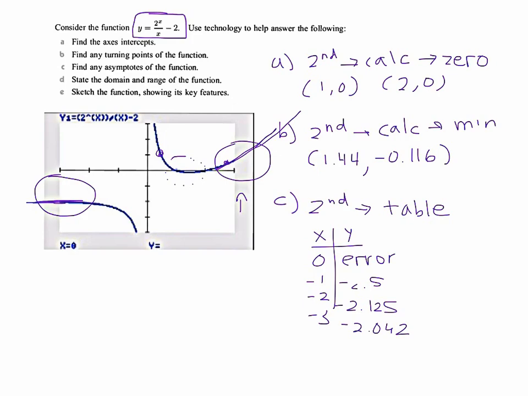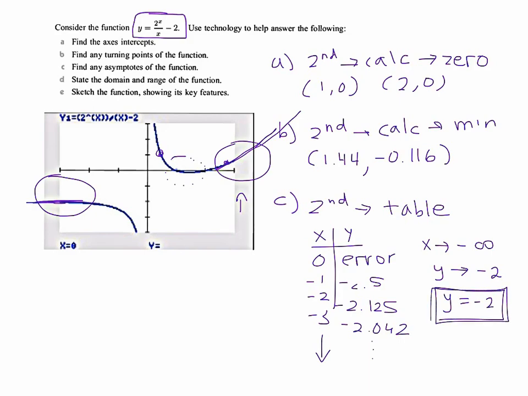So as you scroll down, you see that as x is decreasing, the y value is approaching -2. So as x is approaching negative infinity, the y value is approaching -2. So in that case, we know that the asymptote is at -2. So y is equal to -2.